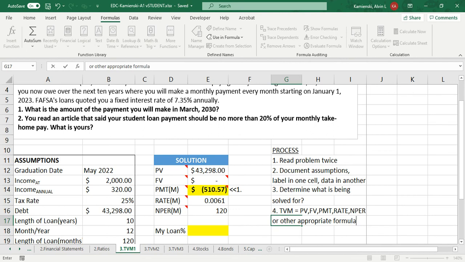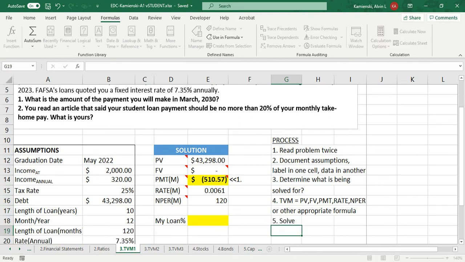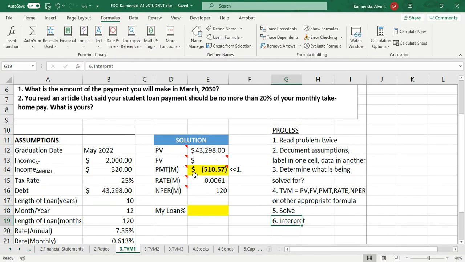But there's always some type of formula calculation in here before we can then solve and then interpret what all that means. So right now, what I was finishing with is the interpretation that that loan will be a cash flow out of 510.57 every month for 120 months, which is 10 years, at the interest rate that we agreed to make the loan at.